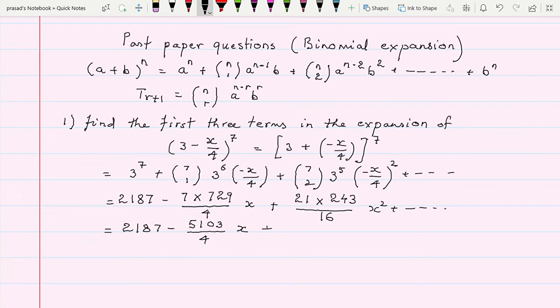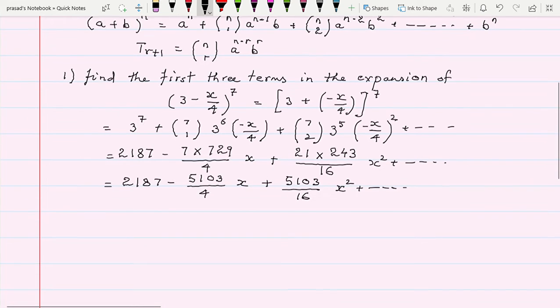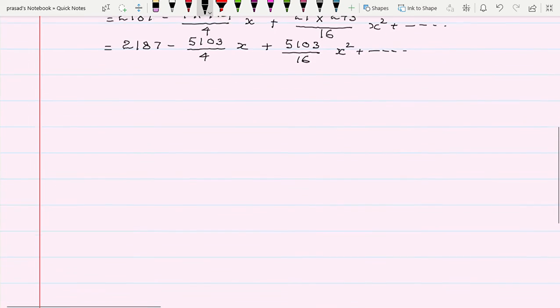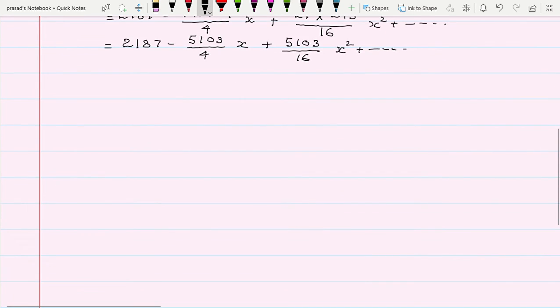Then again here 21 into 243, that will be 5103 upon 16 x square. These are the three terms in the expansion. Are the steps becoming okay with you? So come to the second problem.